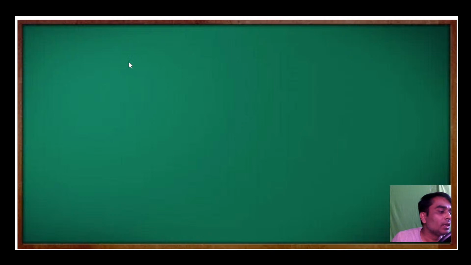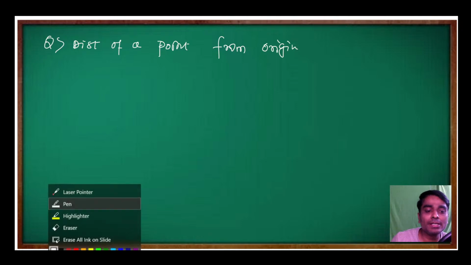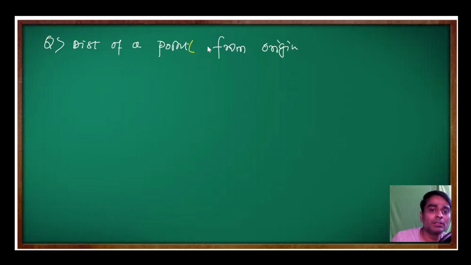Next. Distance of a point from origin. And the point is minus 6, 8. Now use that formula. D equal to square root of x square plus y square.